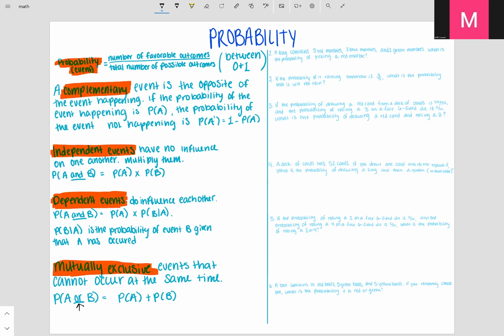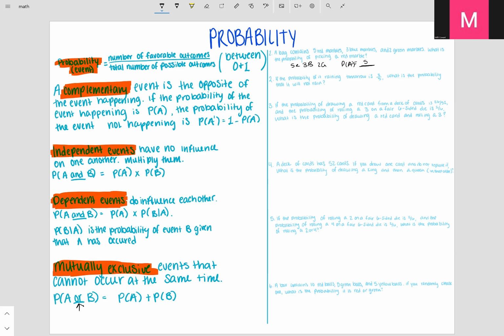So question number 1, we've got a bag that contains 5 red marbles, 3 blue marbles, and 2 green marbles. And we want to know what is the probability of picking a red marble. So remember the probability of an event equals the number of favorable outcomes, which is our red marble, so that's 5, over the total number of possible outcomes.